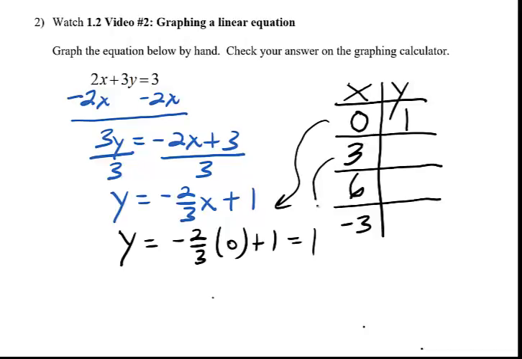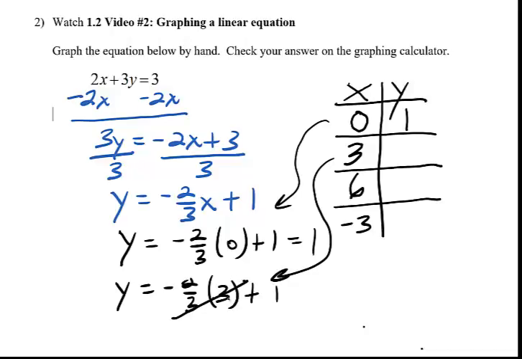Again, I just need to go back to my equation, inserting these x values and working out the math. So when I fill in 3 for my x, the 3's would cancel. I'm left with negative 2 plus 1, which is negative 1.